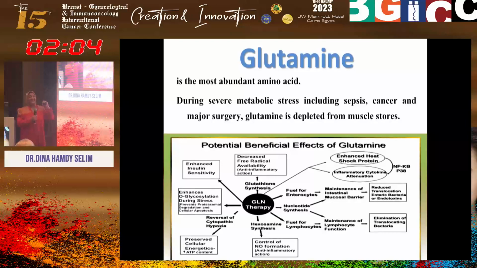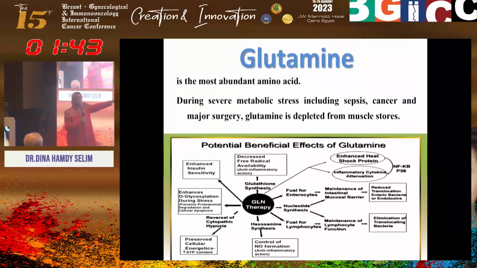Glutamine. Glutamine is a conditionally essential amino acid, which is needed in large amounts in stress conditions and during critical illness. We take it from every food, but in stress conditions the need is more. It has many functions.